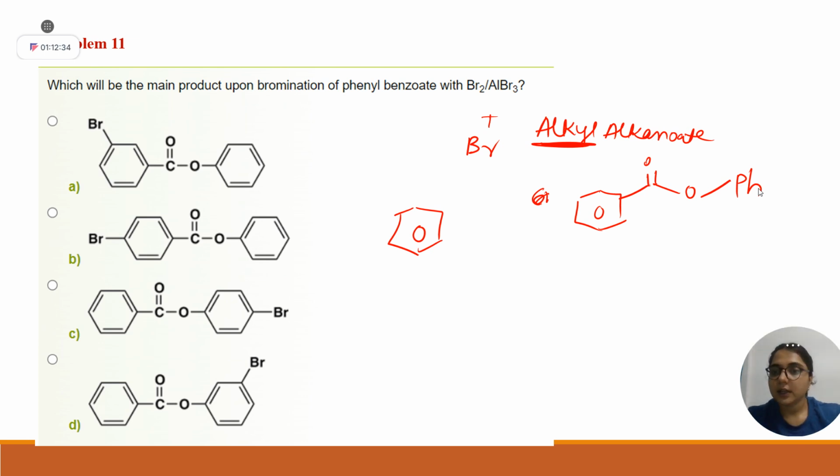Now tell me, if you are reacting this compound phenyl benzoate with Br2 in the presence of AlBr3, where will it attack? Meta position, ma'am.